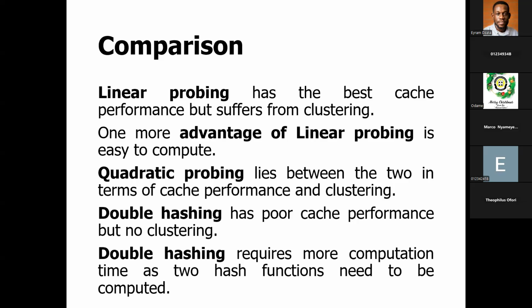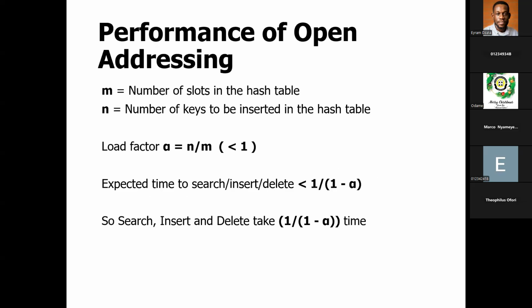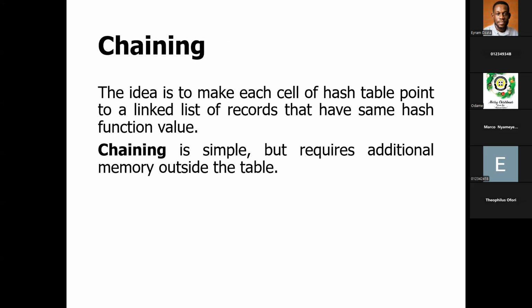Then the double hashing has poor cache performance, but there's no clustering. Then there's also cubic probing, which can be considered as another technique.